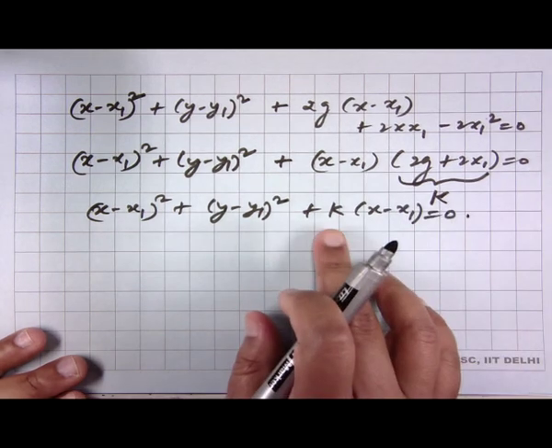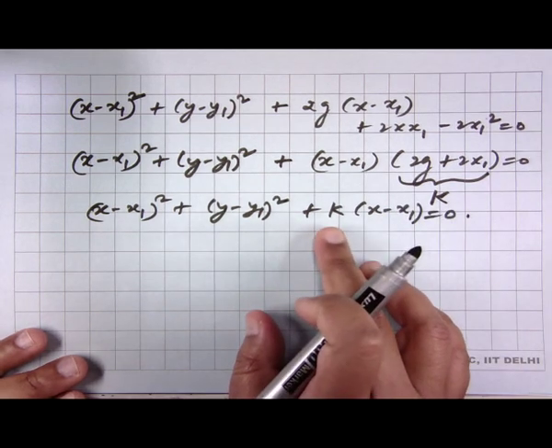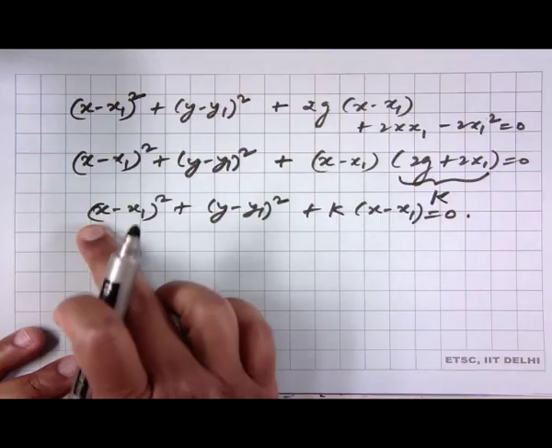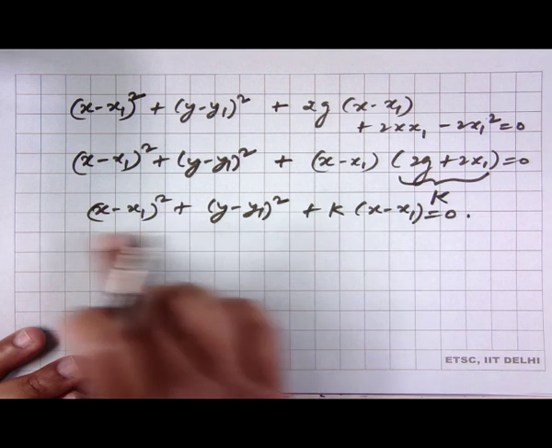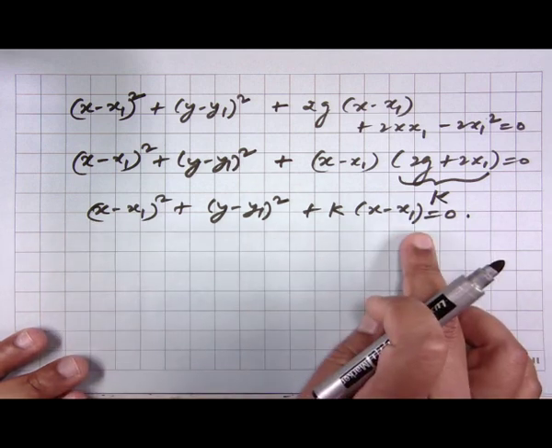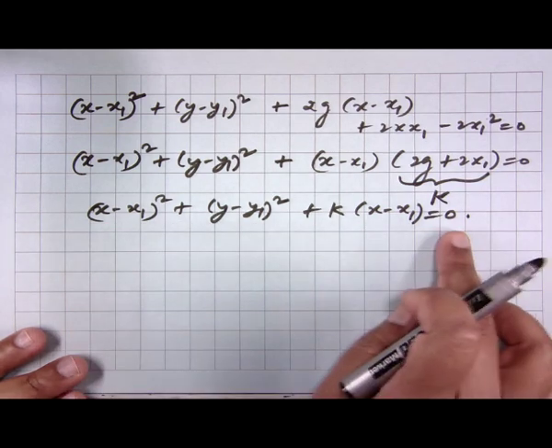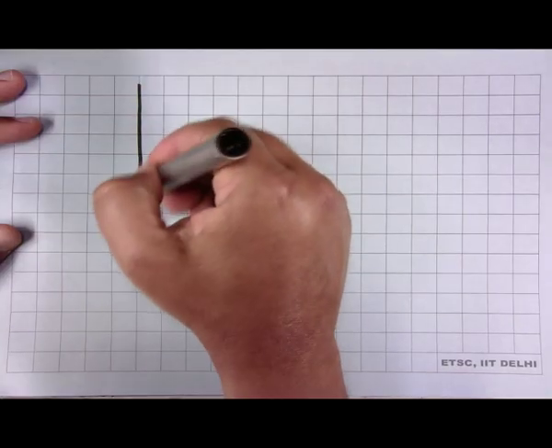So, if we change this parameter k, we get different and different circles, and it is not very difficult to see that if we put x equal to x1 and y equal to y1, this left hand side indeed evaluates to 0, which shows that the point x1 y1 indeed lies on all such circles irrespective of the value of k.